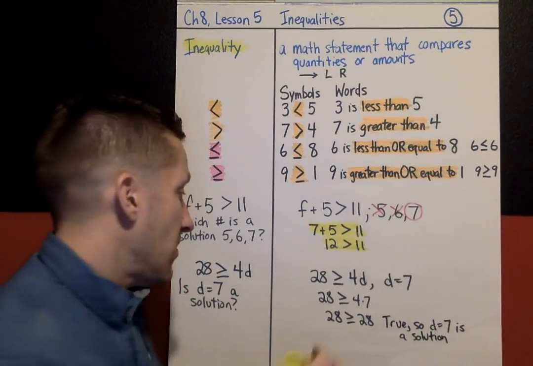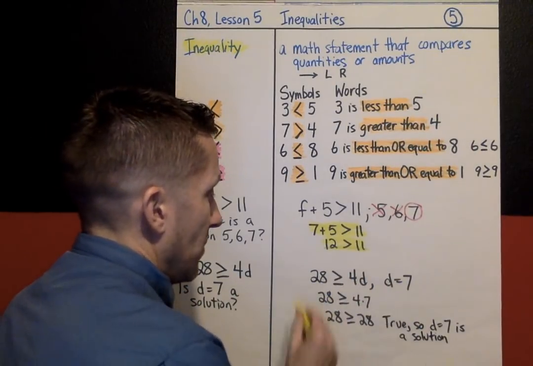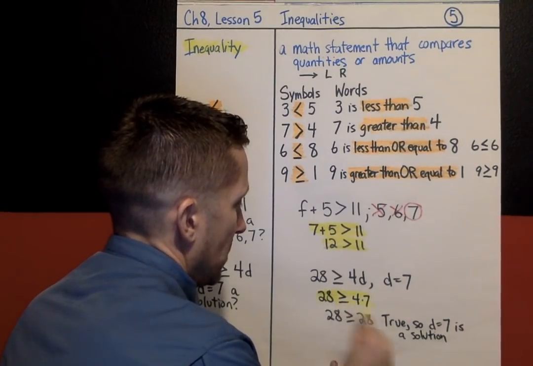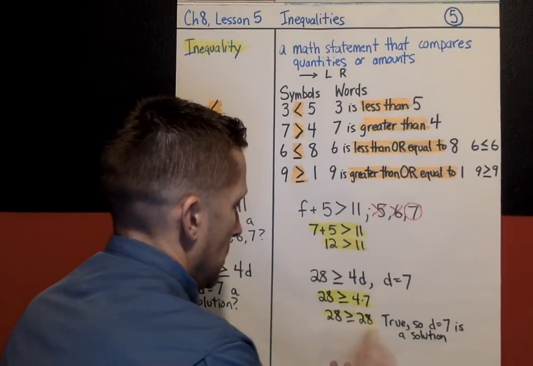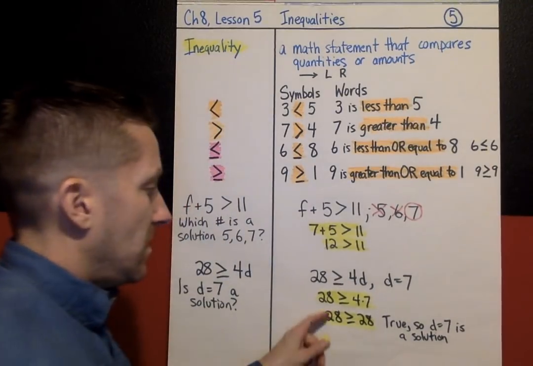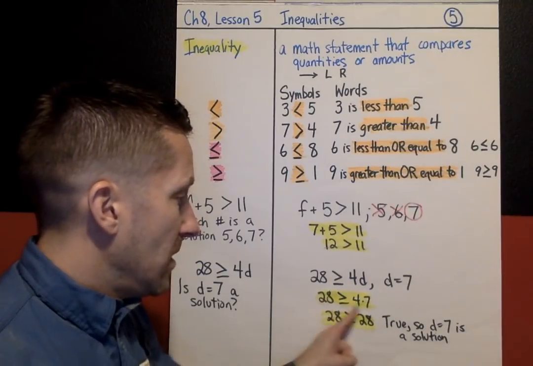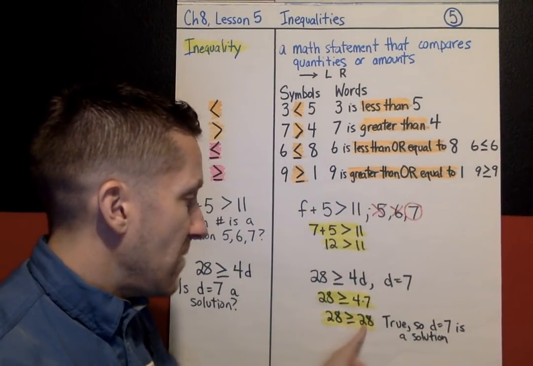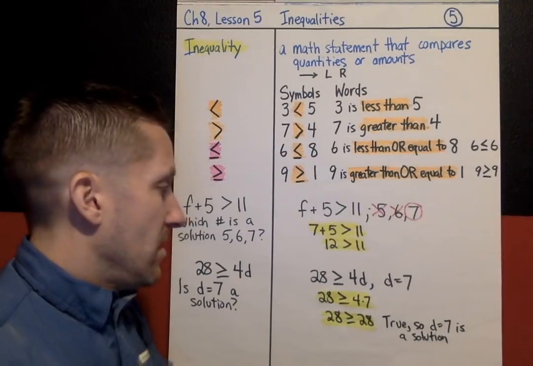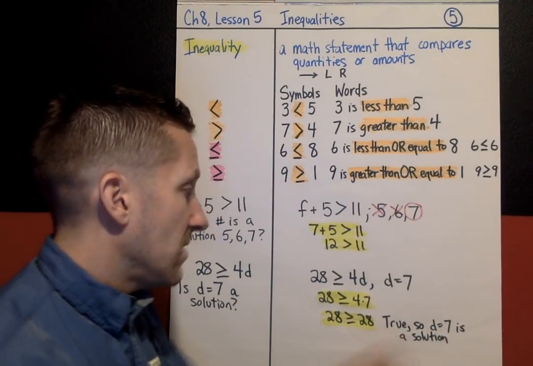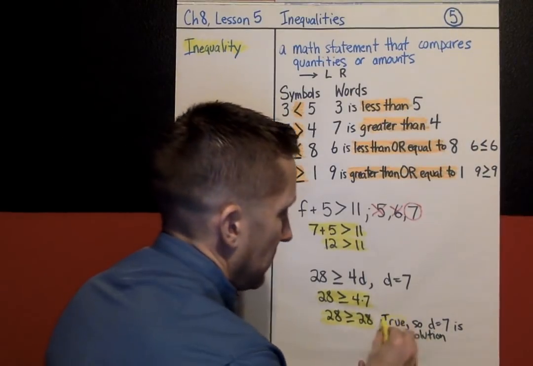So again, here's the work part. That's what will be in your workbook. Plug it in, see if it works. This is what I would want to see in your workbook if that was the problem. Plug in the number, show the statement, and then write down true, the number is a solution, or write false, the number is not a solution.